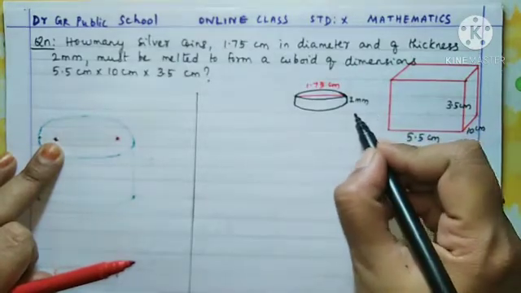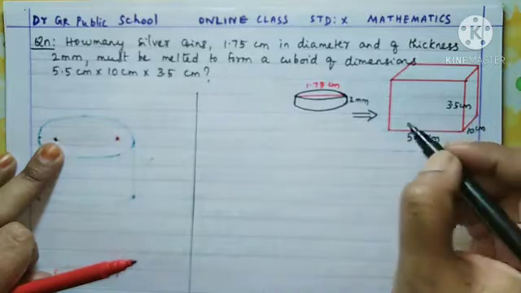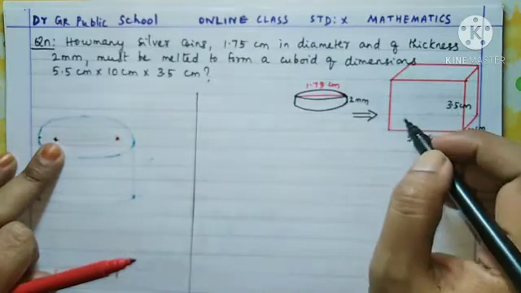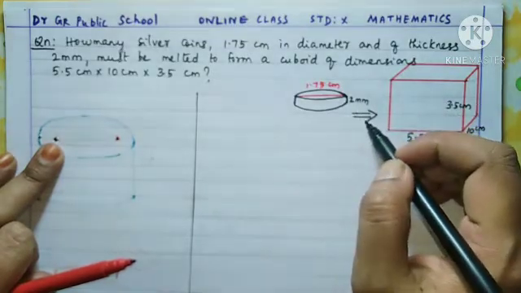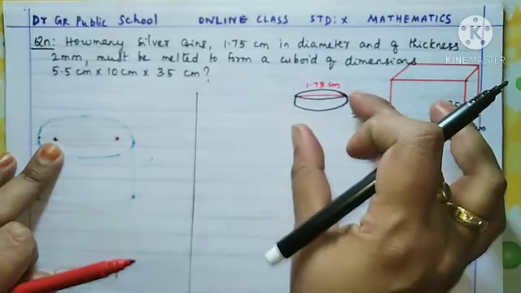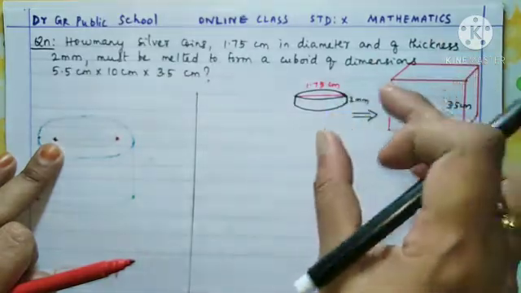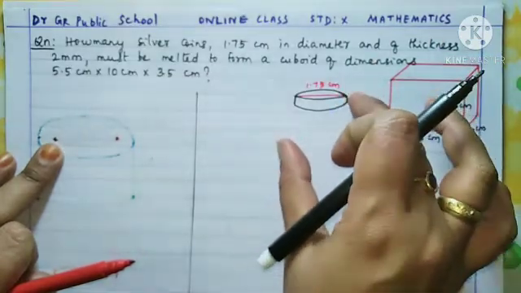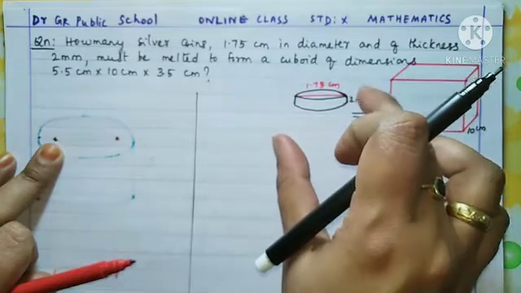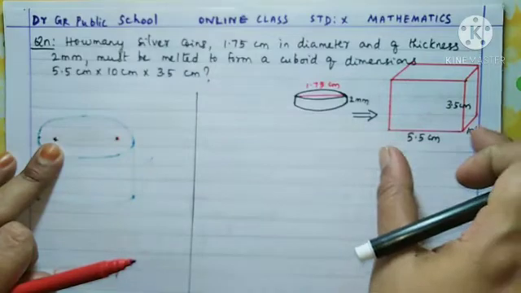Some silver coins are transformed to a cuboid and we need to find out how many silver coins are taken. Okay. So the concept of the problem is how many silver coins are used and melted, that number of coins' total volume will be equal to the volume of the cuboid formed.